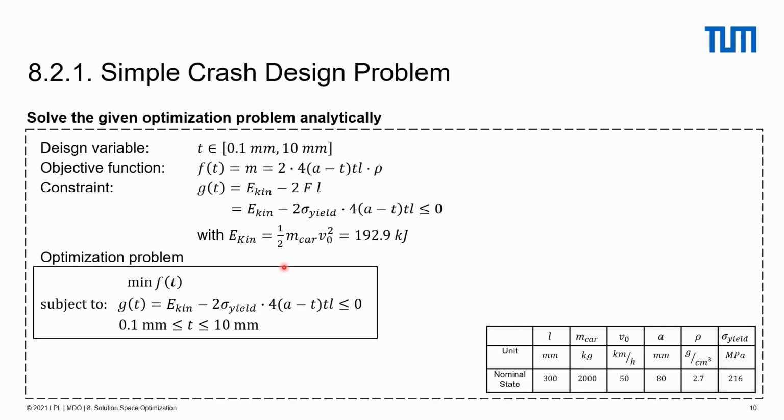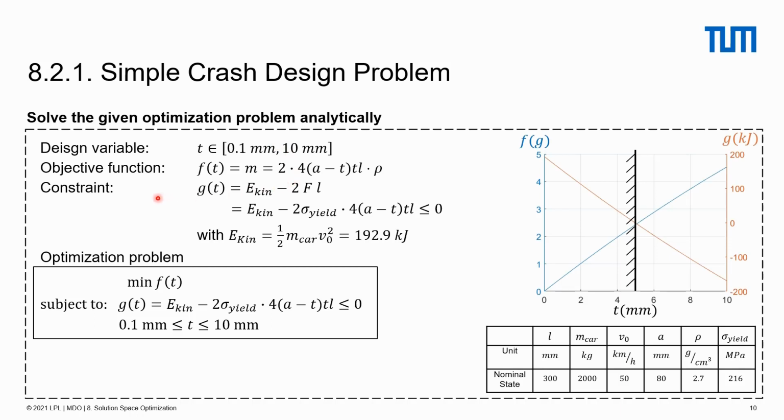Now to task 1. We need to formulate our optimization problem first. Our design variable is T in the design space of 0.1 mm to 10 mm. Our objective function is the mass of the side bins.